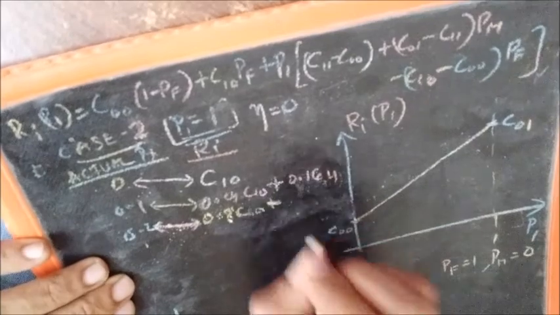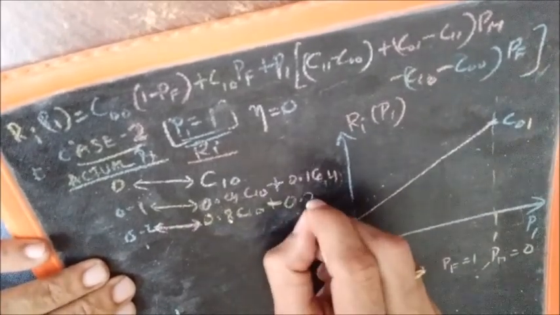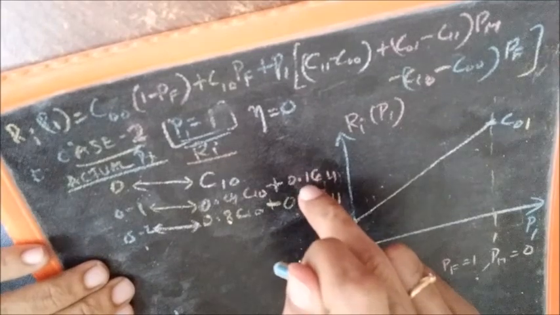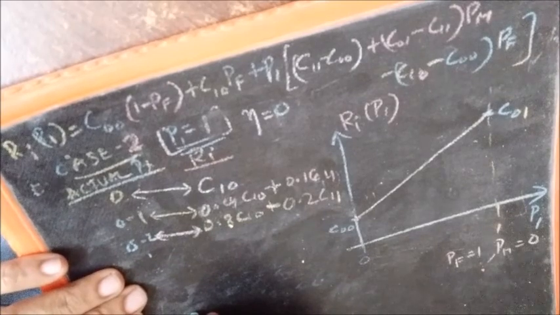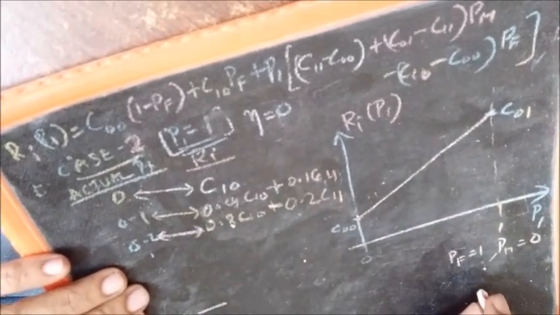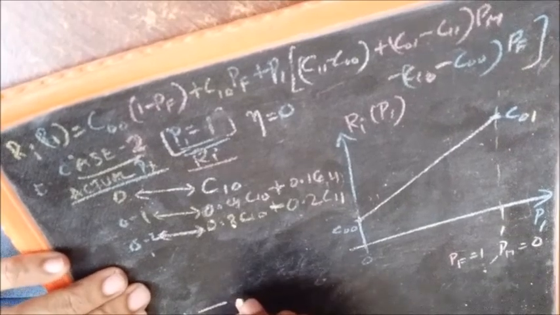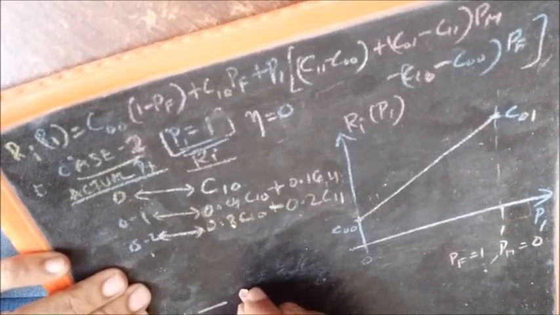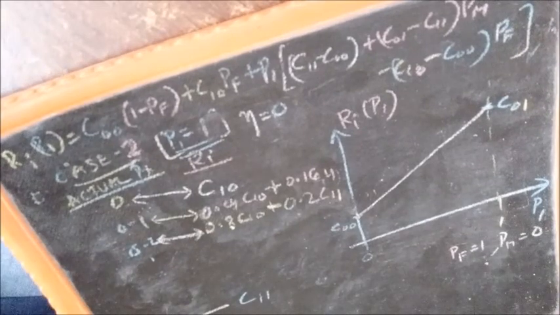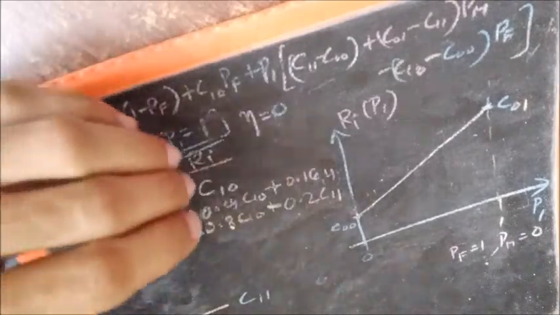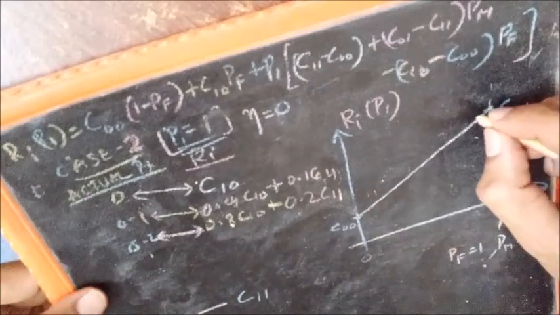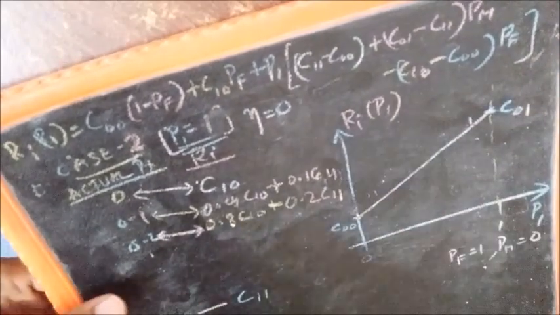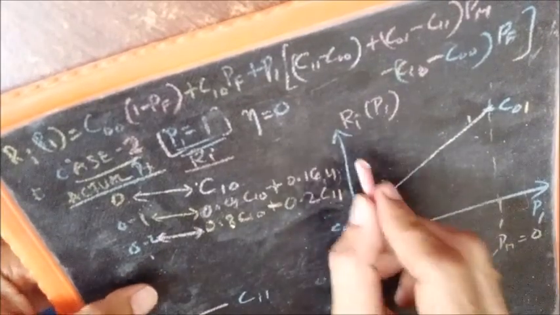For 0.8 C10 plus 0.2 C11, the risk will be less than the one before, and so it goes on. Finally, when the actual P1 is 1, the risk will be C11. So you can see that it is decreasing. If we plot this variation, this is for case 1, so I will put a small 1 here. Now for case 2, if I plot, it may be something like this.